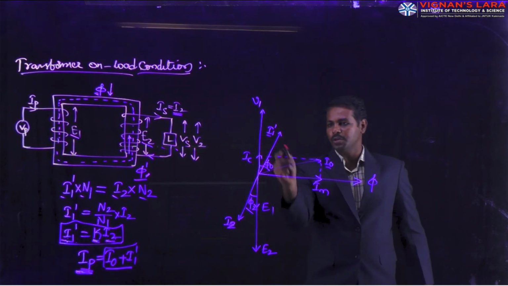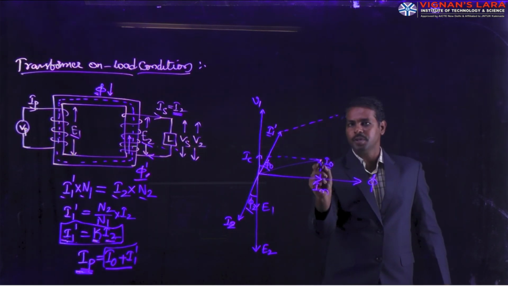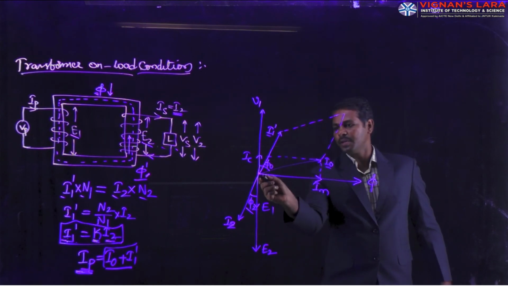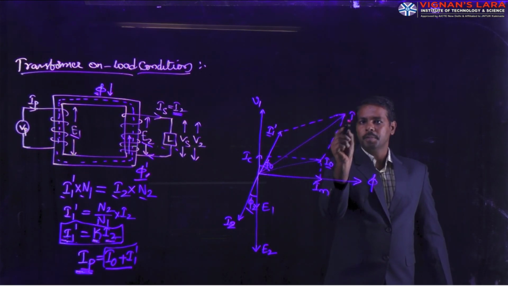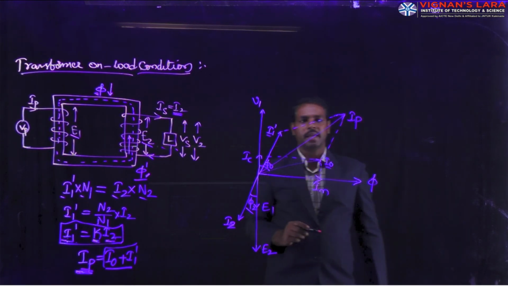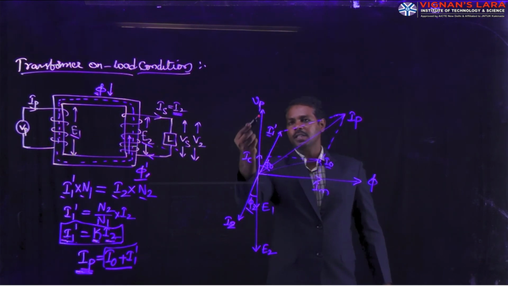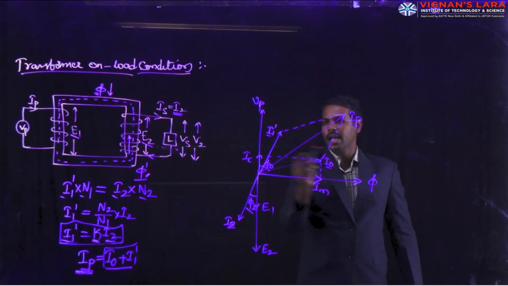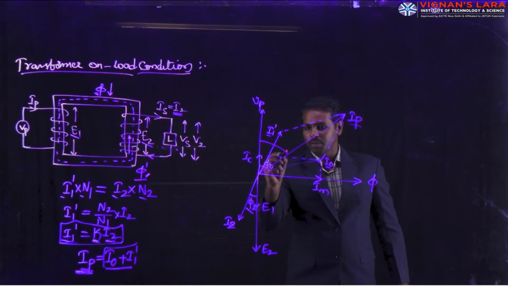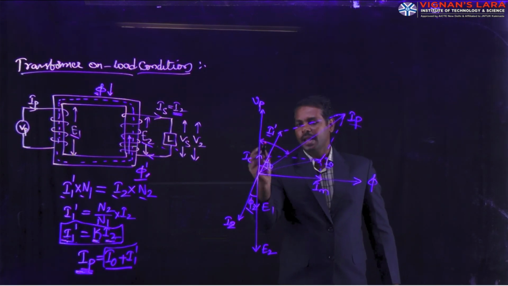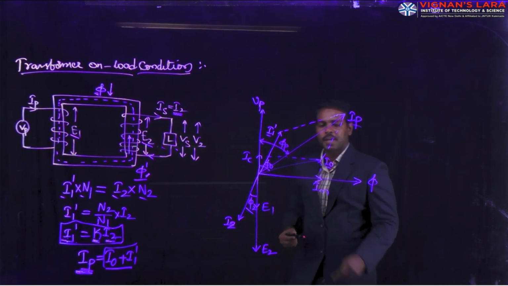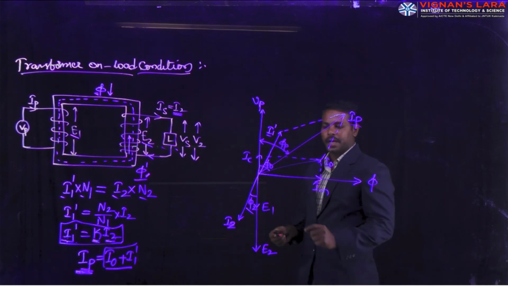The angle between the primary voltage VP and the primary current is the input power factor angle, phi P.